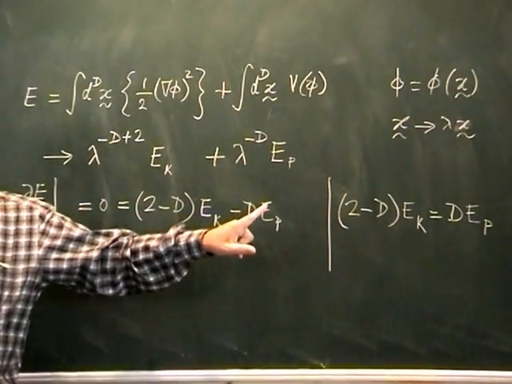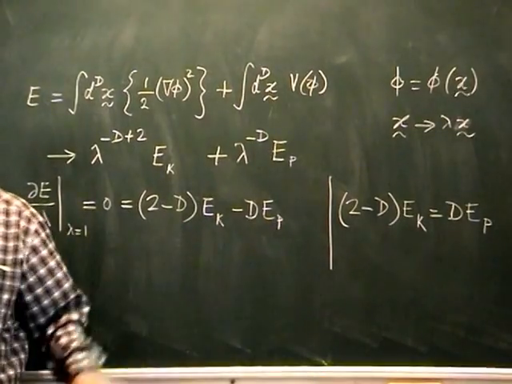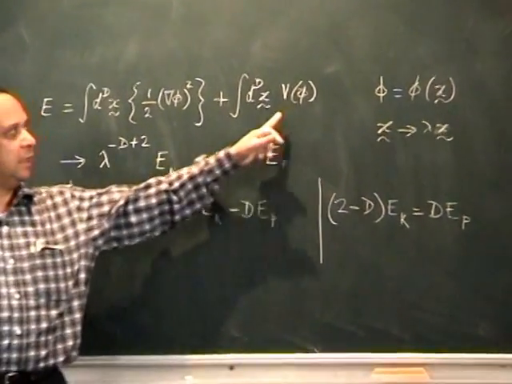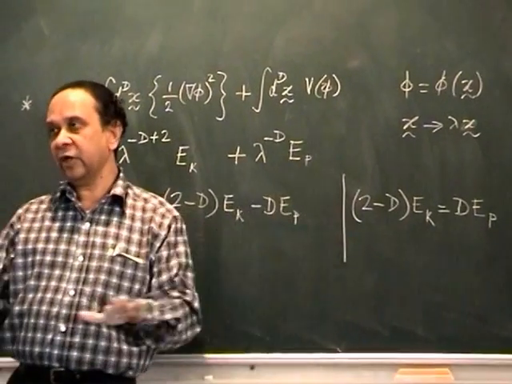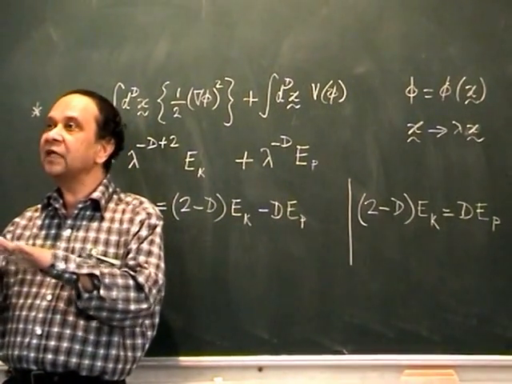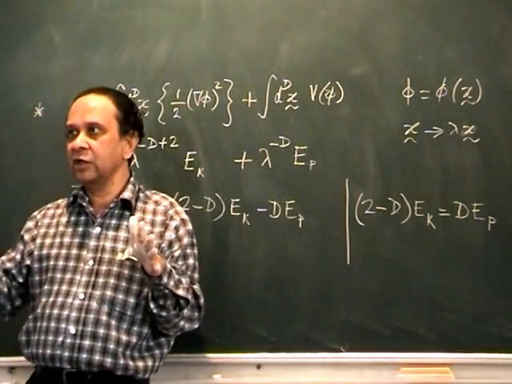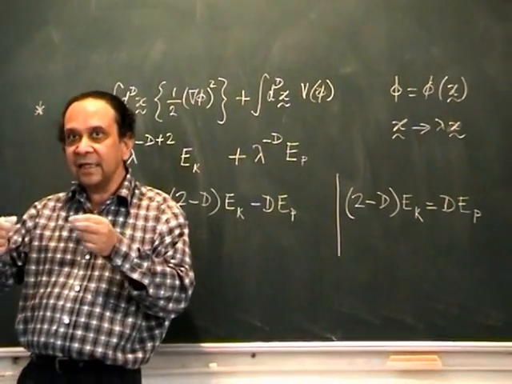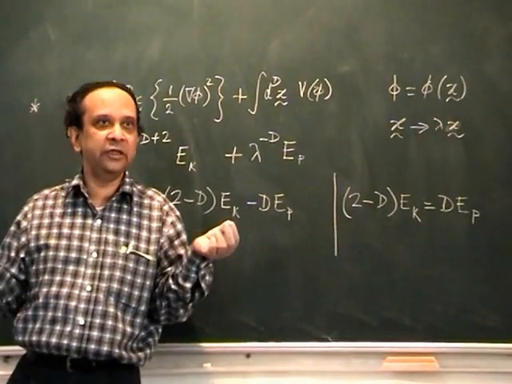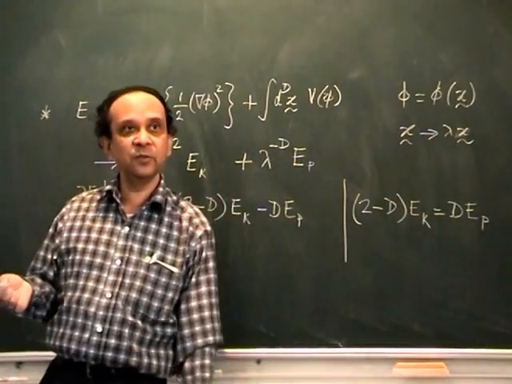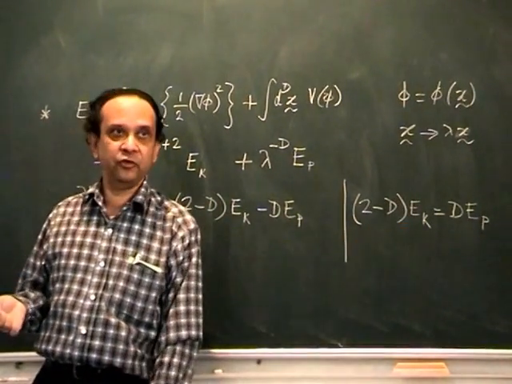The right hand side is a positive definite quantity because it is an integral over potential, and the potential has its minimum at 0. So assume that the potential is non-trivial and the configuration has at least a little bit of non-zero potential, then this integral is positive. So the right hand side is always positive, so the left hand side has to be positive.